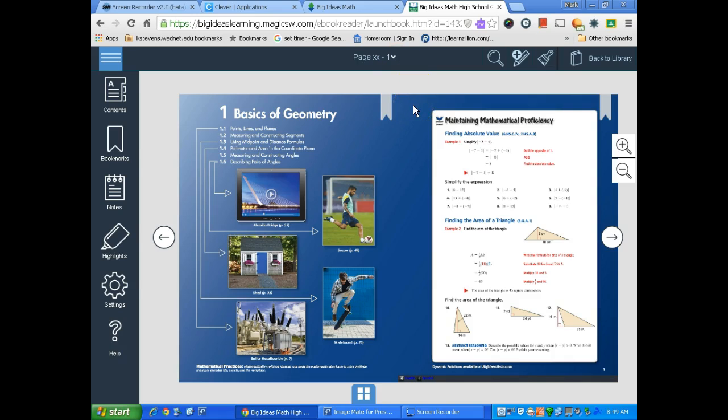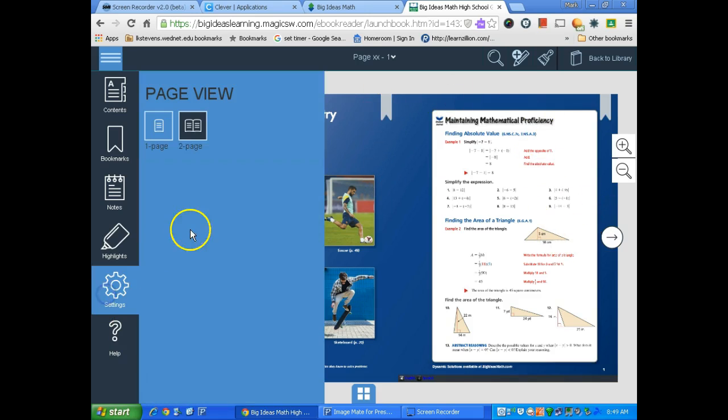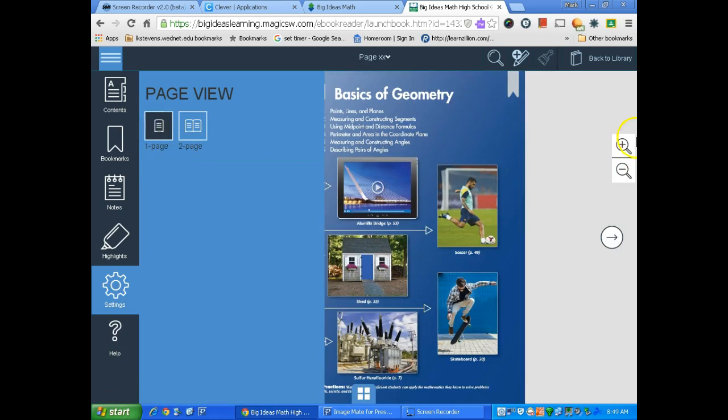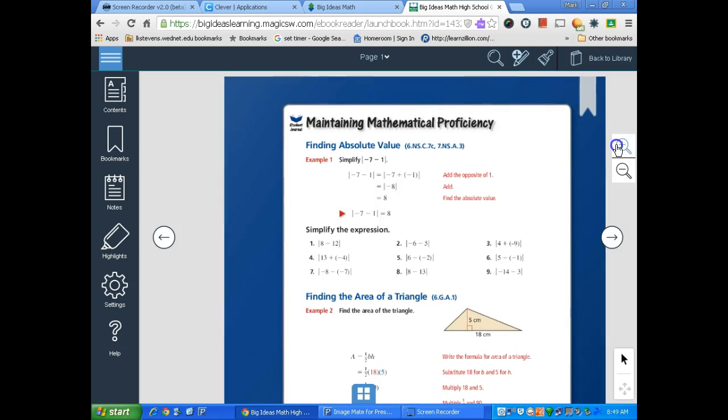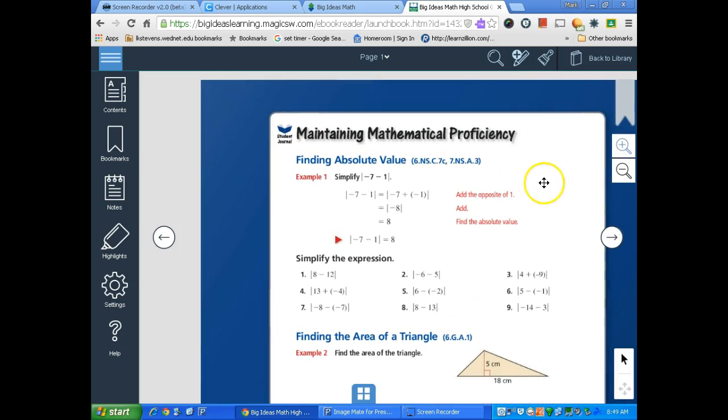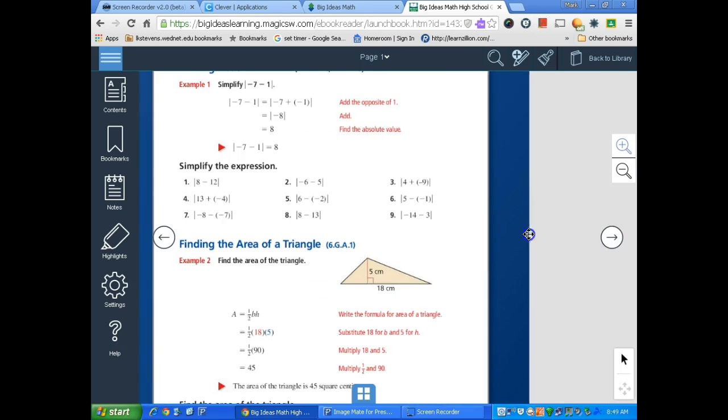Hey, we're going to start on page 1 today. We're actually going to work through page 1 and page 2. Okay, so I want to go back to one-page view. Glad you guys taught me all this stuff today. Notice page 1 says maintaining math proficiency. At the beginning of each chapter, there's some stuff on maintaining math proficiency.